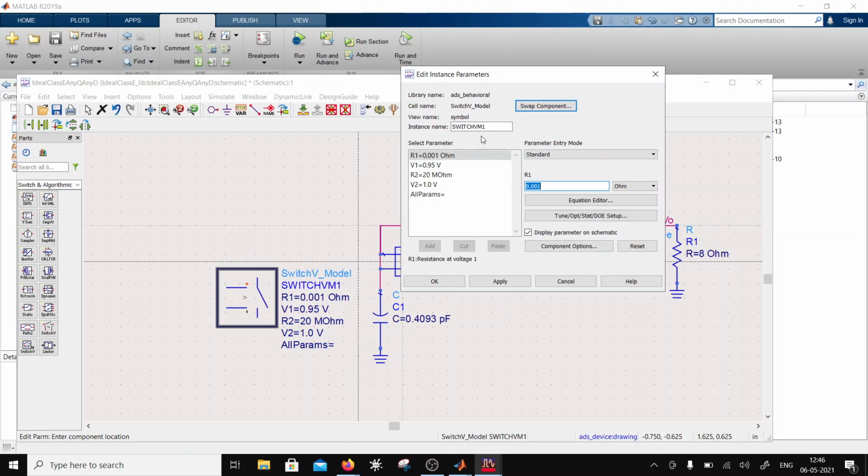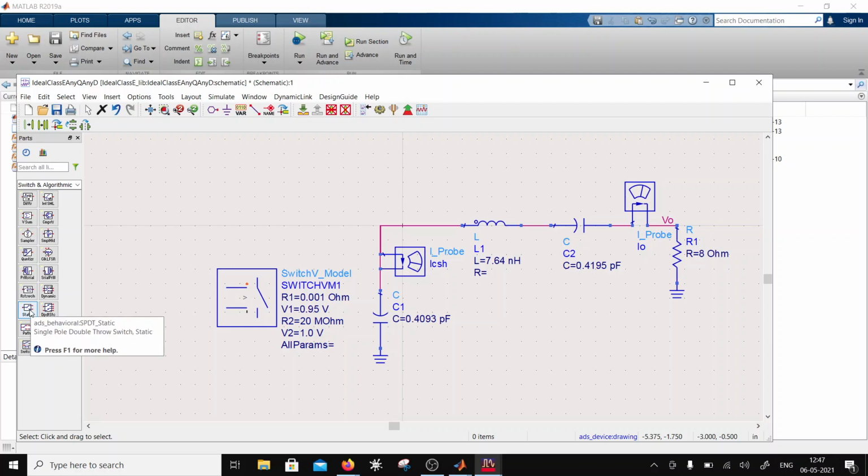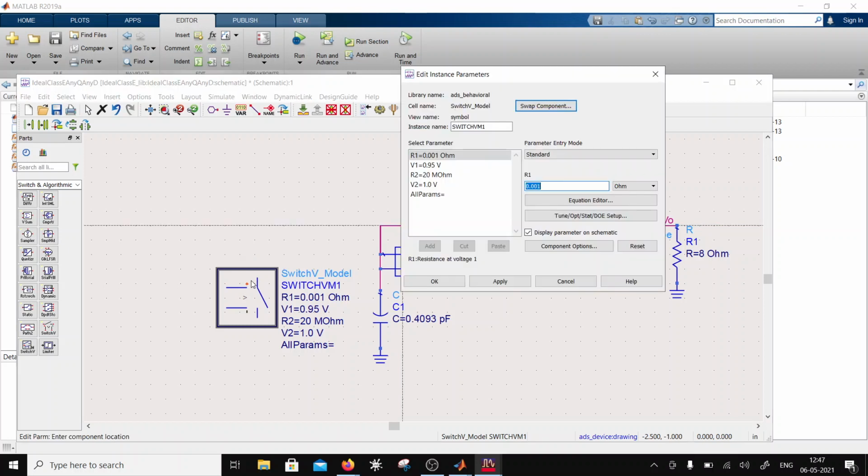And the model here, instance name, single pole double throw switch, switch V. Okay, so there is no model name.